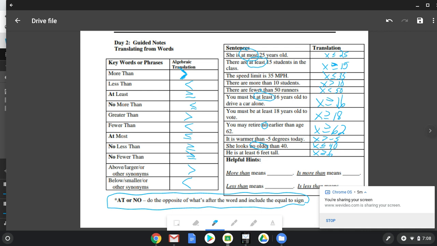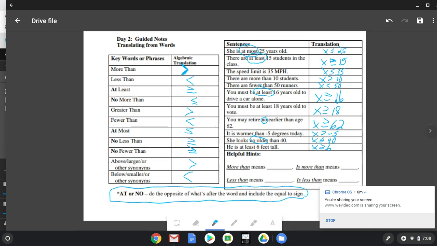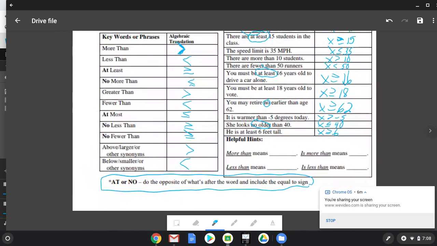Helpful hints. If we take a look at the bottom right here, more than means greater than. Less than means just this less than sign. And is more than means there's an equal sign there.